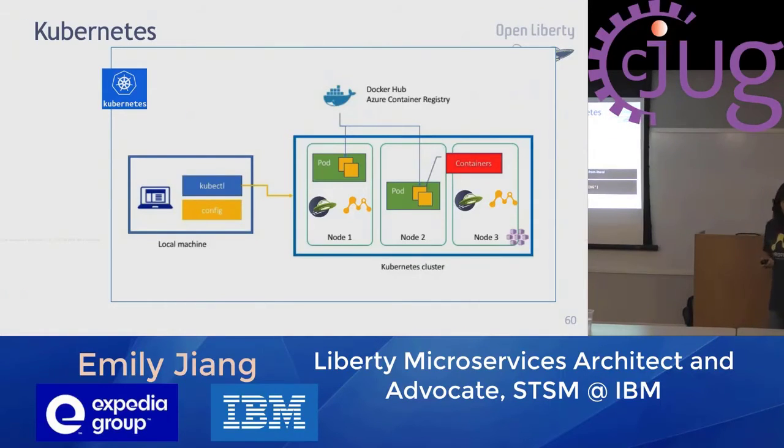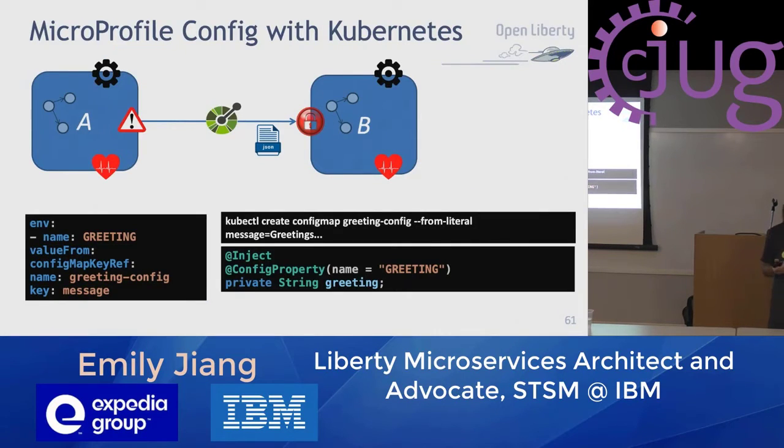So I talk about MicroProfile, Jakarta EE, and cloud infrastructure, and how they can work together. MicroProfile Config works really nicely with Kubernetes. Kubernetes can be used as one of the config sources. You can create a property in a config map, like a property messaging equals greeting, and then map it to the environment variable, and then you can inject it into the application.